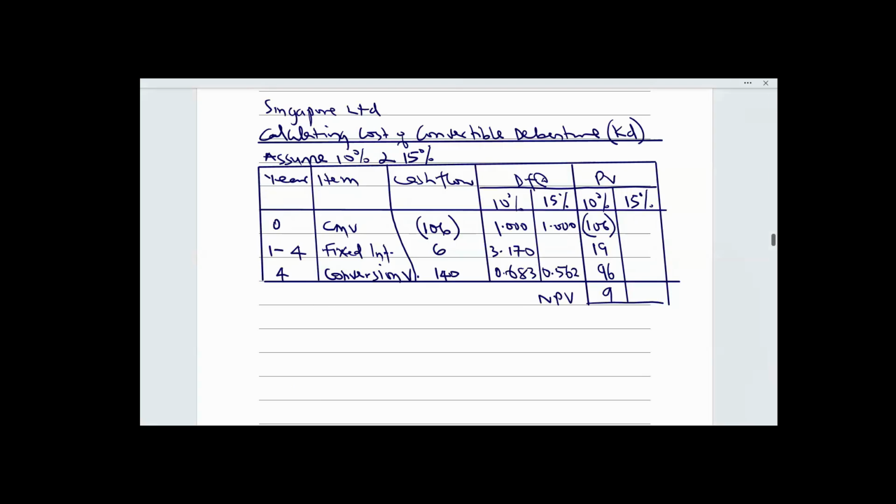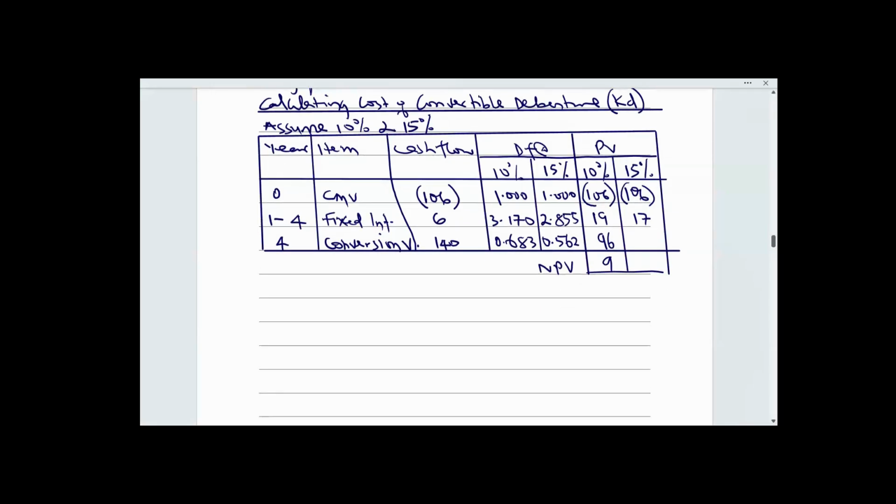The annuity factor is 2.855. So let's multiply to get the present value: 6 times 2.855 is 17. Then 140 multiplied by 0.562.